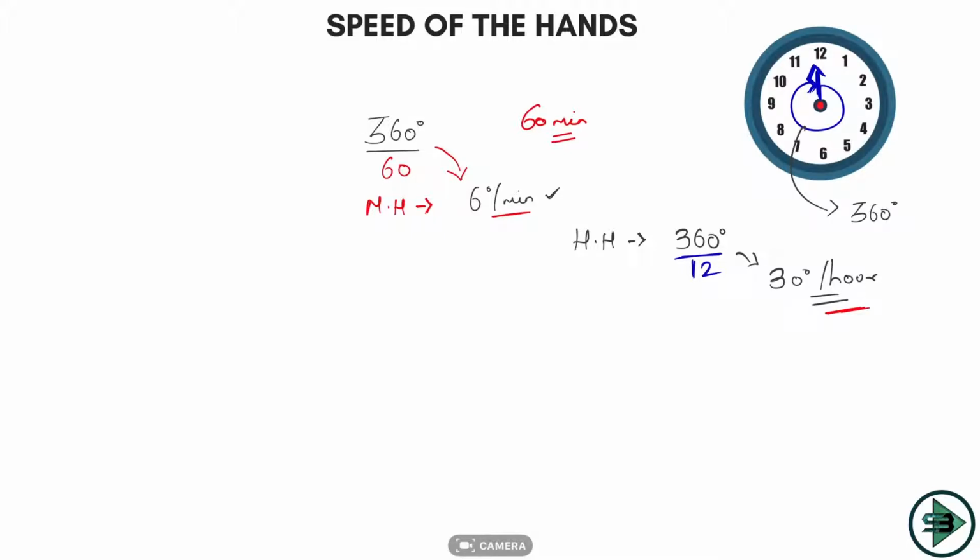Even before we do that, we understand something from this. The hour hand goes 30 degrees per hour, which means in 1 hour, if I go from 12 to 1 like this, the hour hand will move how many degrees? 30 degrees. This makes me understand that in 1 hour there is 30 degrees.